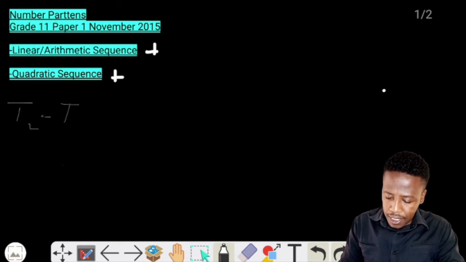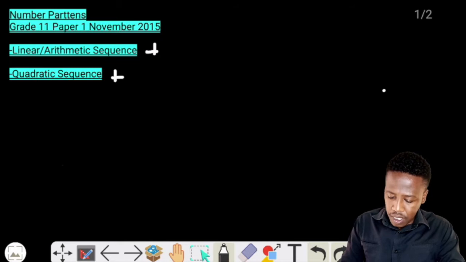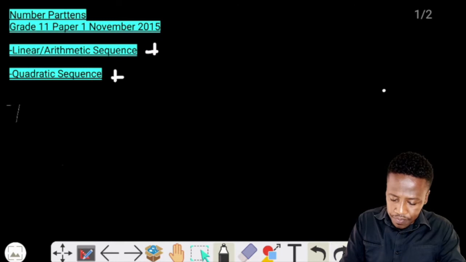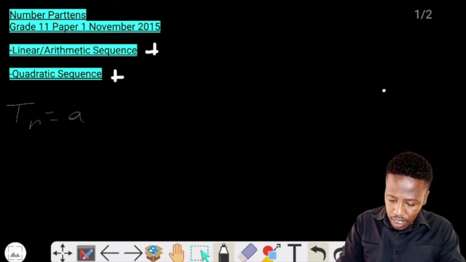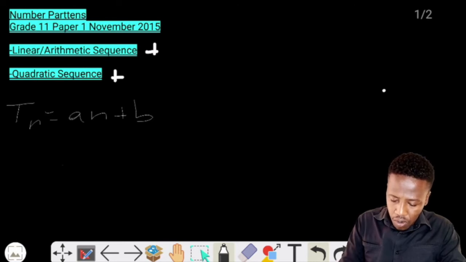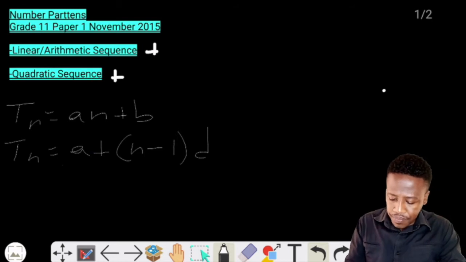Now, in a linear sequence, there's a formula that you need to apply, which is Tn equals an plus b, or alternatively you can apply Tn equals a plus (n minus 1) d.